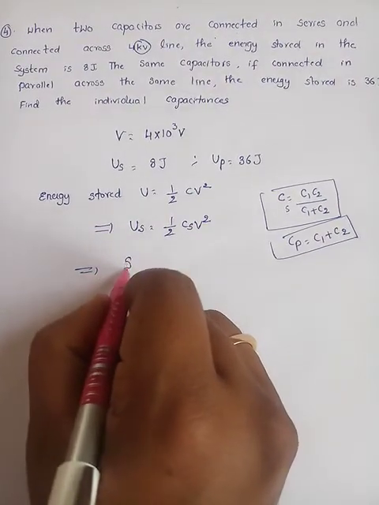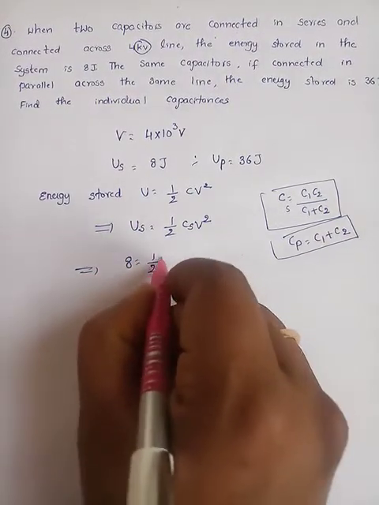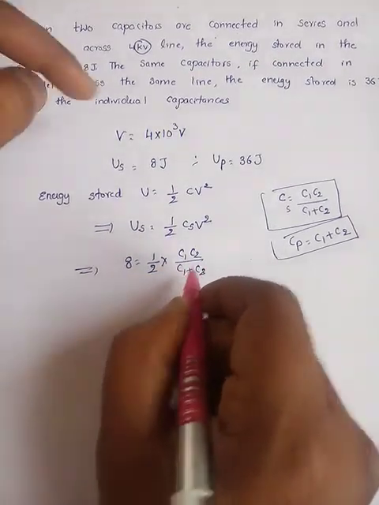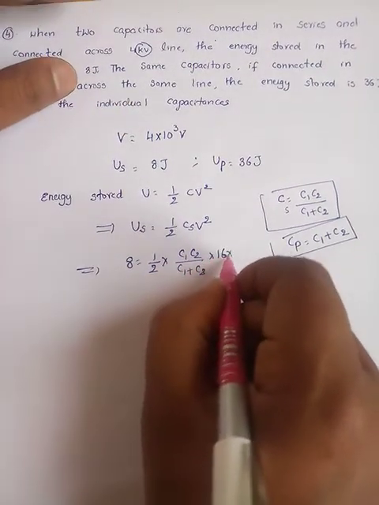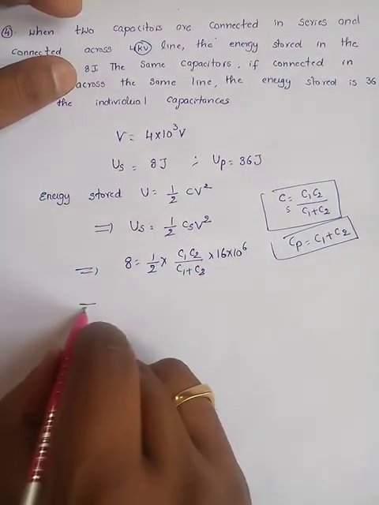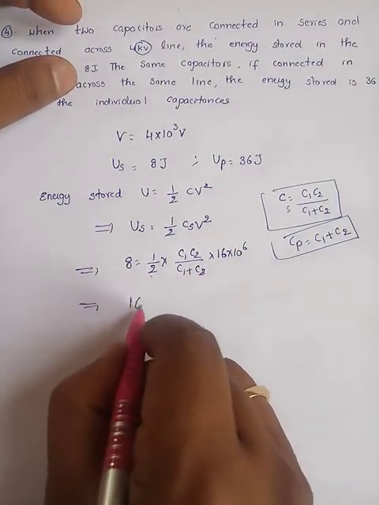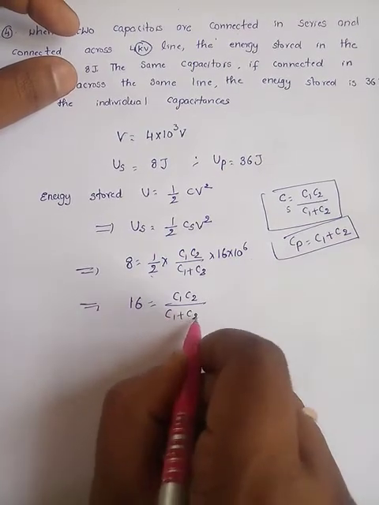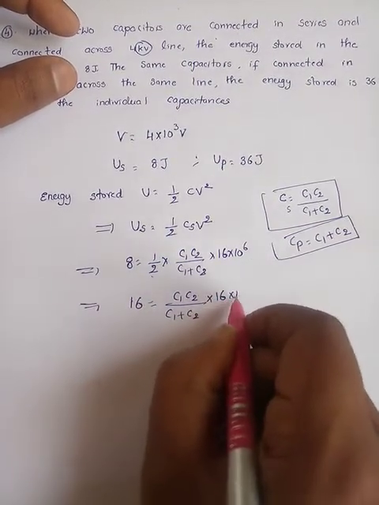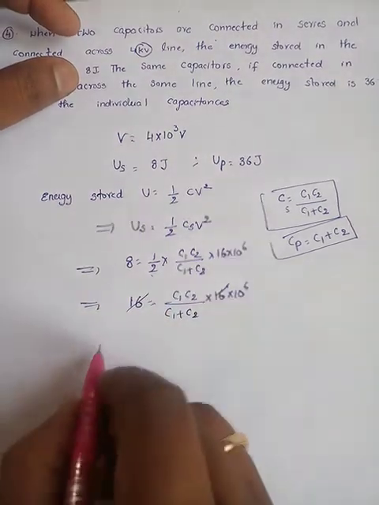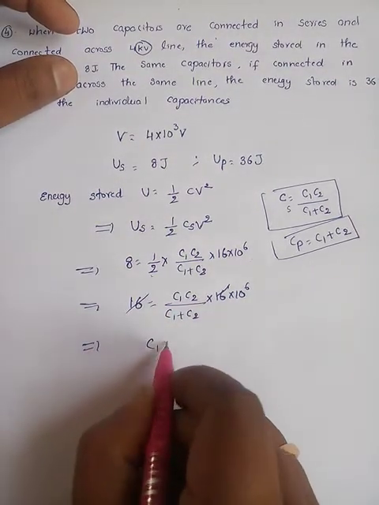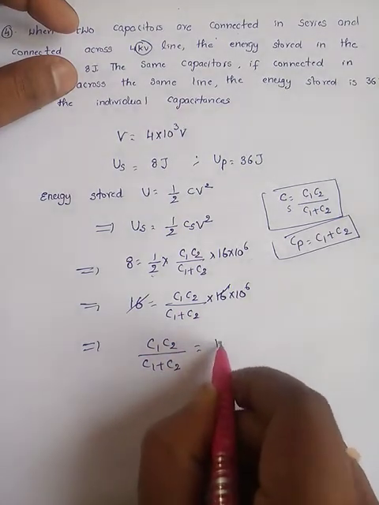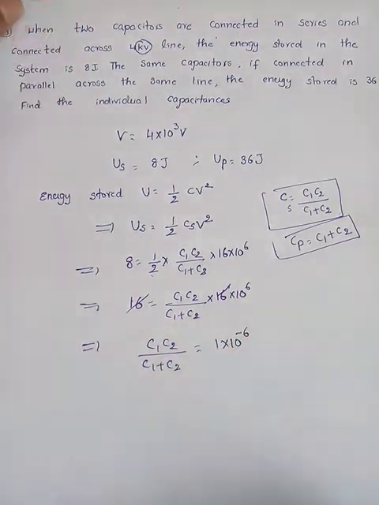Us is 8, equals half into C1 C2 by C1 plus C2 into 4 square, which is 16 into 10 raised to 6. 2 8s are 16, so 16 equals C1 C2 by C1 plus C2 into 16 into 10 raised to 6. 16 cancels. What do you get? C1 C2 by C1 plus C2 equals 1 into 10 raised to minus 6.